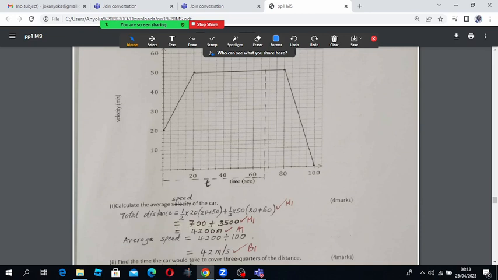Calculate the average velocity of the car, or average speed. I think we are talking of average speed, because velocity is sometimes a speed in a specific direction. So that's why I thought it is wise to call it average speed of the car.